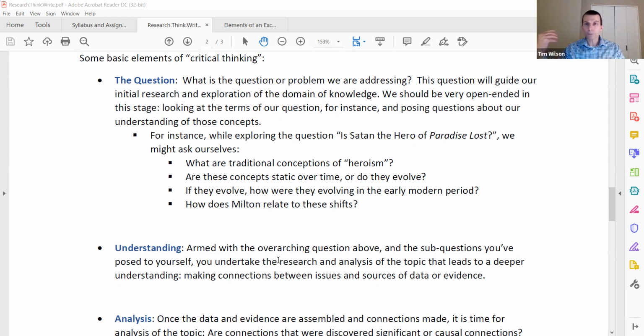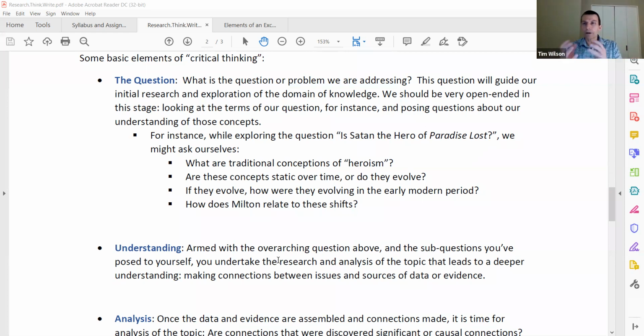So maybe we pose questions about our understanding of the concept. I have some examples there. If we ask, is Satan a hero? We might ask, what are the traditional conceptions of heroism? Are these conceptions static, or did they evolve over time? And if they evolved, how are these evolving concepts taking shape in the early modern period? How does Milton relate to that period?